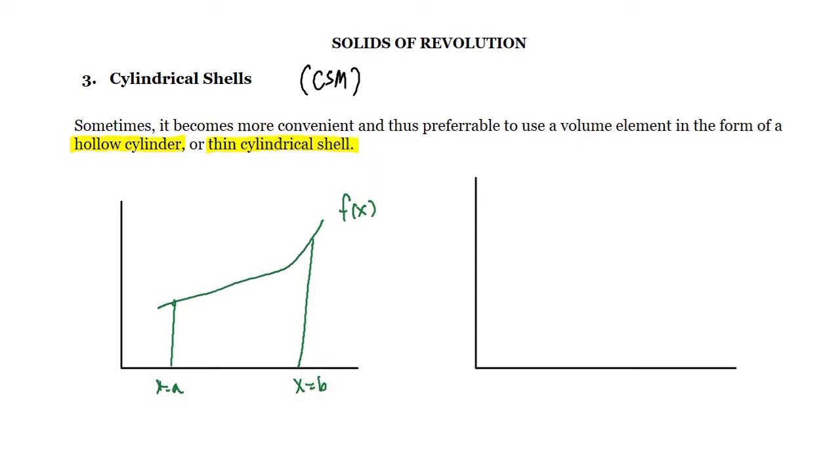For the CDM or the circular disc method o yung piso method natin, what we are doing here is we are taking this strip, at siya yung pinapaikot natin dito sa x-axis natin. Wherein this x-axis here is the axis of revolution.